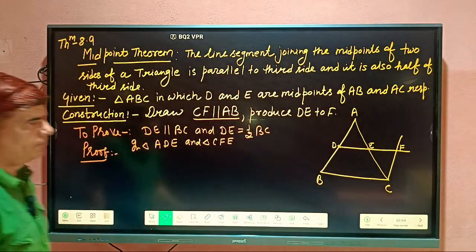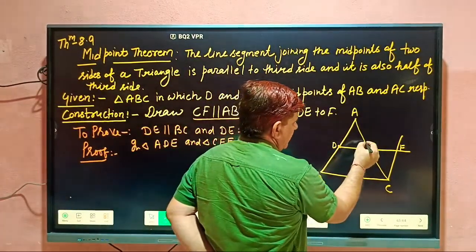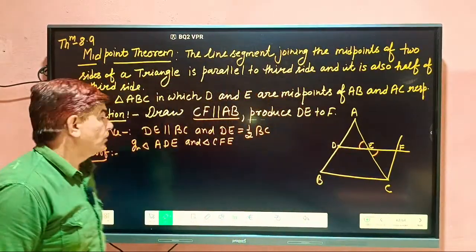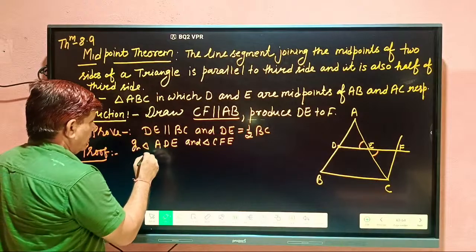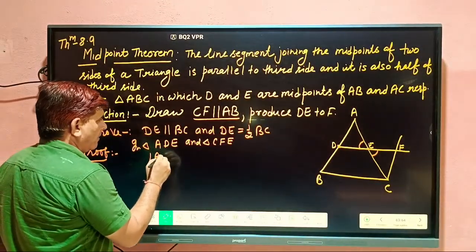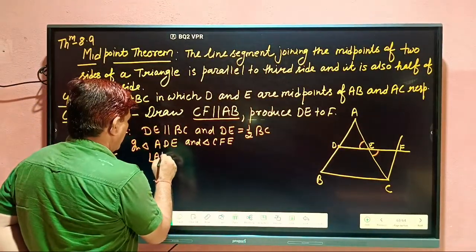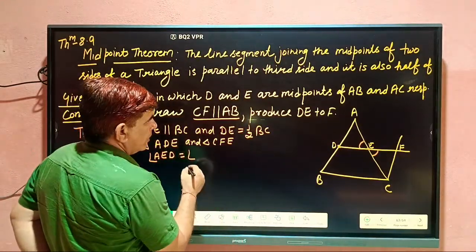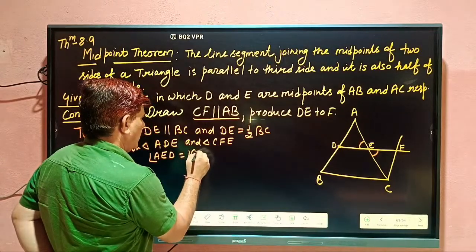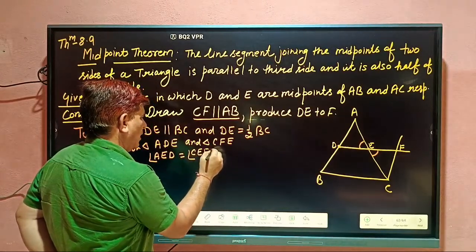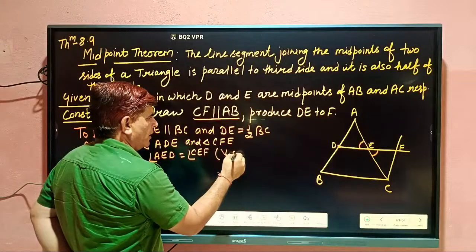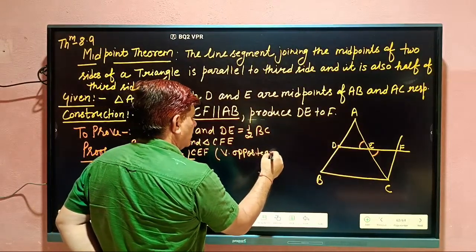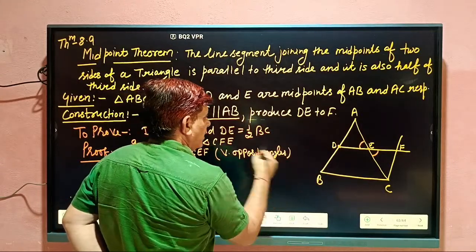Understood? Taken? This angle equal to this angle. Why? Vertically opposite angles. Angle AED equal to angle CEF. Vertically opposite angles.